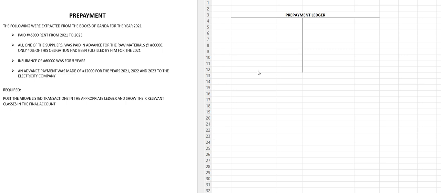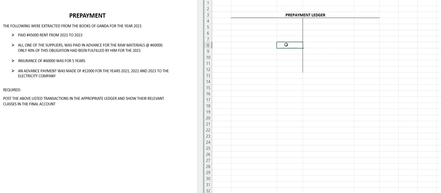An advance payment was made of 12,000 naira for the years 2021, 22, 23 to the electricity company. You are required to post the above listed transactions in the appropriate ledger and show their relevant classes in the final account.